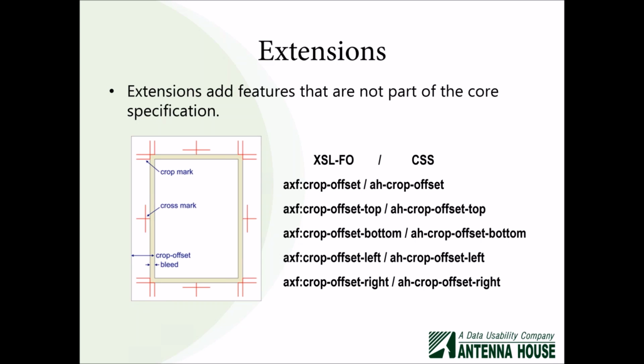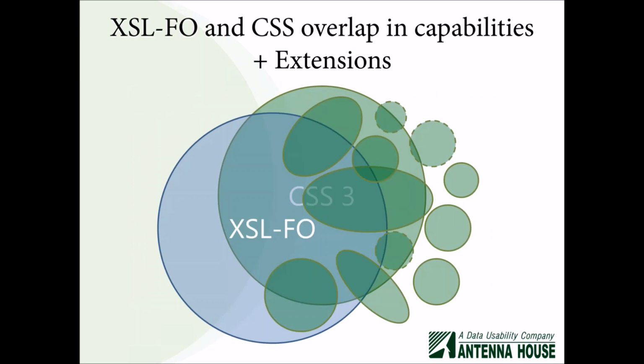And if another rendering engine is handed the same style sheet or the same file, it'll ignore the Antenna House extensions, but go ahead and process what it can. So here we have extensions that add crop marks to a printed page. So with extensions, you're able to extend the capability of the basic standard or the basic recommendation.